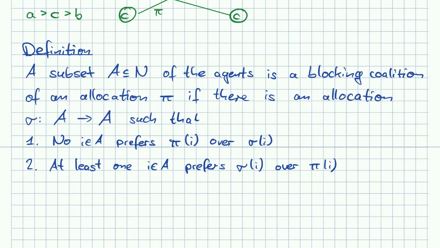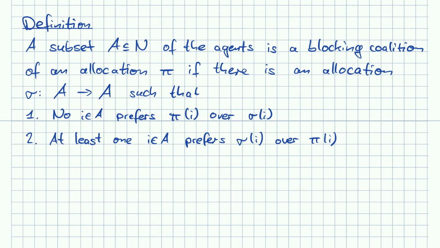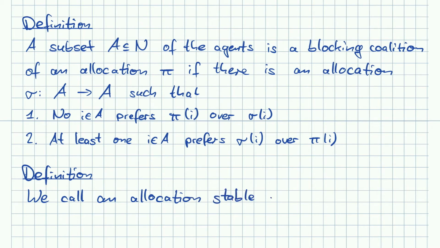And what we will be looking for is the following. Namely, we call an allocation stable if there is no blocking coalition.